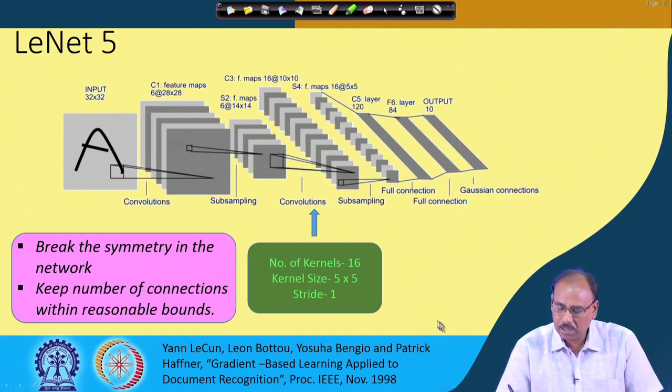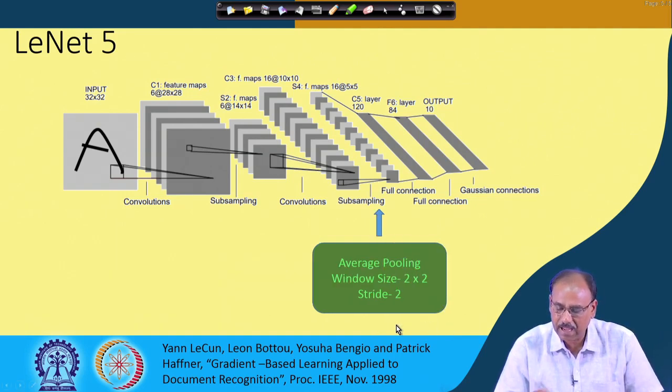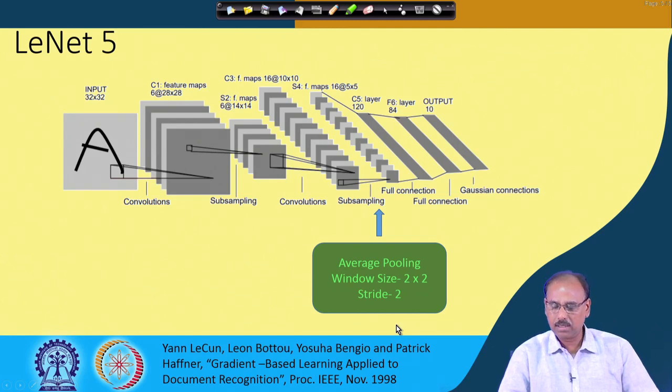So after these 16 feature maps, again we have a pooling layer or the subsampling layer. Here again the pooling window was 2 by 2 with stride equal to 2. That gives you 16 feature maps, each of size 5 by 5.